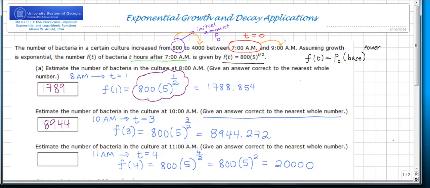For instance, 800 times 5 is 4,000, which suggests our base 5 here every 2 hours. So essentially my bacteria is growing by a factor of 5 every 2 hours. Well, when I'm at 4 hours, that's 2 hours after the first 2 hour mark, which I was at 4,000. So notice that 4,000 times 5 gives us what we think we should have.